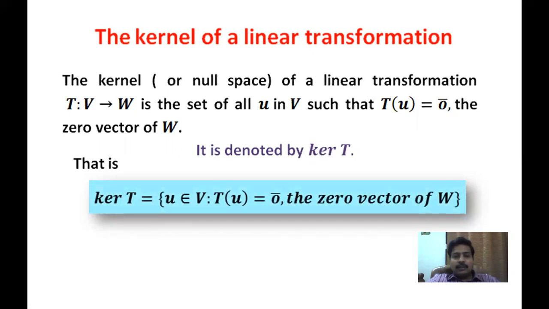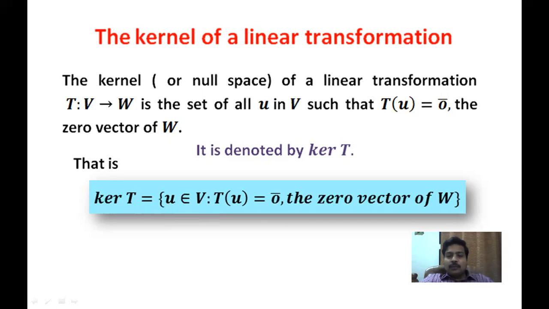Kernel T is equal to the set of U belongs to V such that T of U is equal to 0 bar, the 0 vector of W. This is the set notation of kernel T. So we can observe that this is a subset of V, since all the elements are from V only.